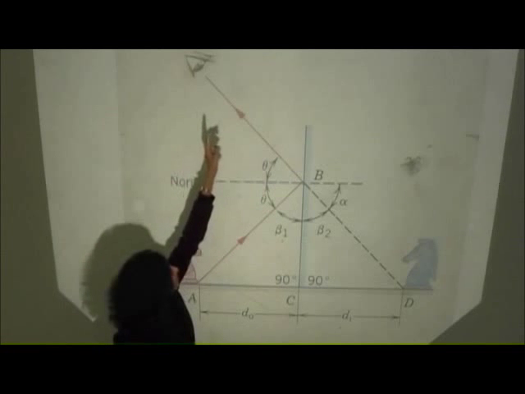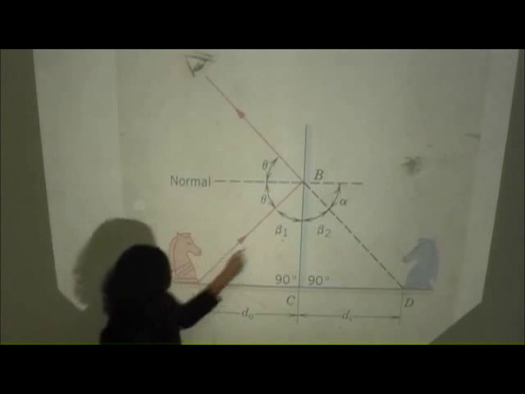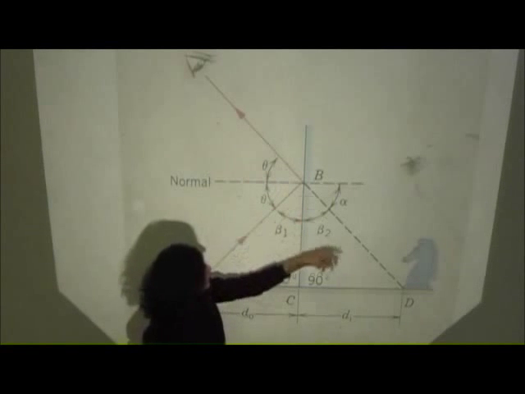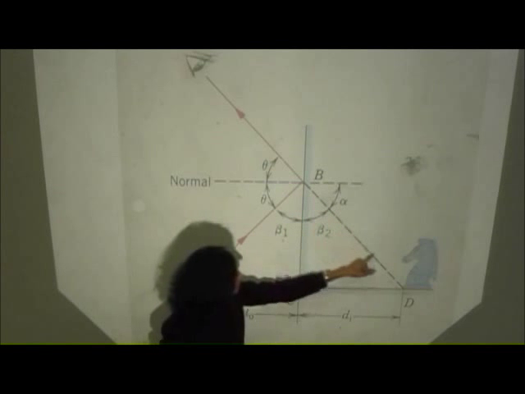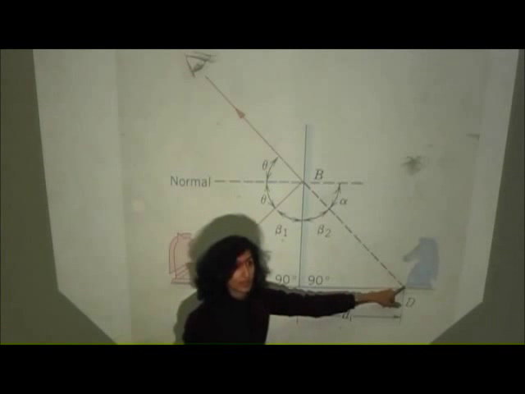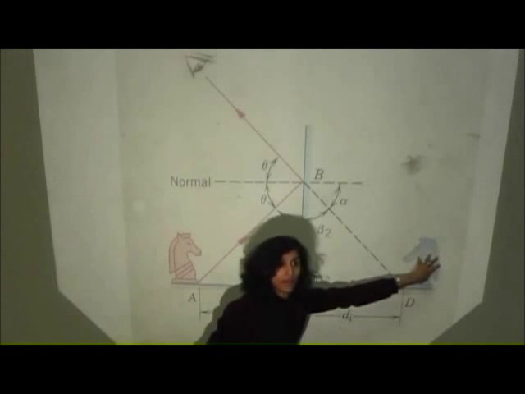Even though I'm not directly seeing the object, I am seeing the light that is reflected from it. My eyes have the ability to extrapolate this ray of light, and it seems to our eyes that the object is actually located there behind the mirror.